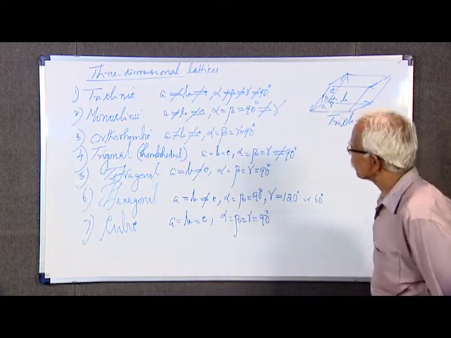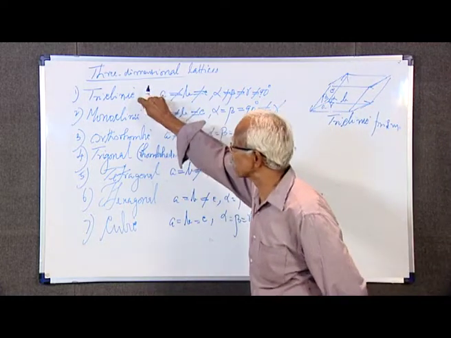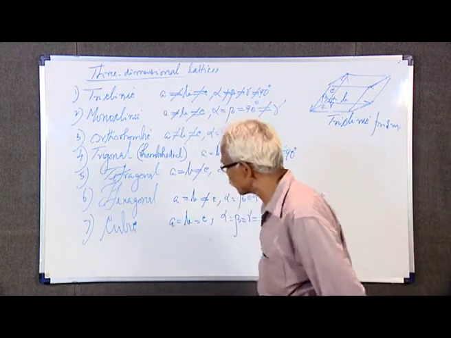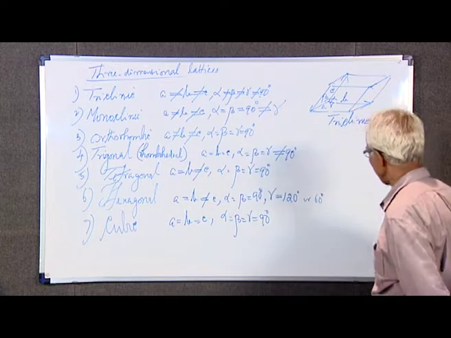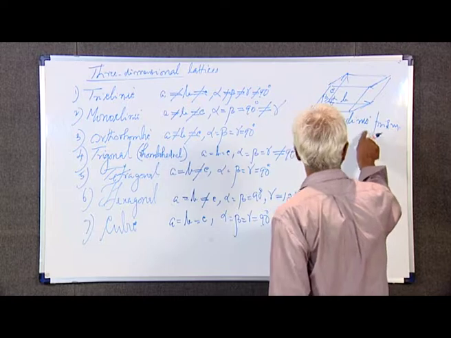Now, it will be more profitable if you jump from this triclinic example to the last one, the cubic example, which is the cubic building block. Say this is the triclinic prism.